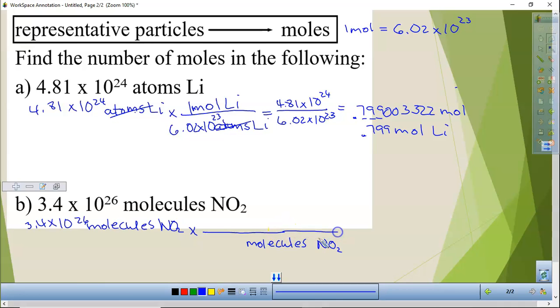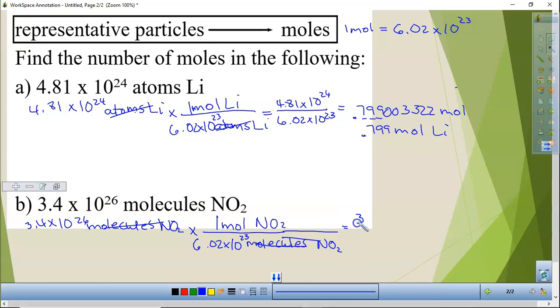Since that is a type of representative particle, I'm going to use Avogadro's number next to it. So 6.02 times 10 to the 23rd. What's equal to 6.02 times 10 to the 23rd? 1 mole. 1 mole of anything. In this case, it's going to be 1 mole of nitrogen dioxide. So I get to cancel my units because they're diagonal from one another. And I multiply everything in my numerator.